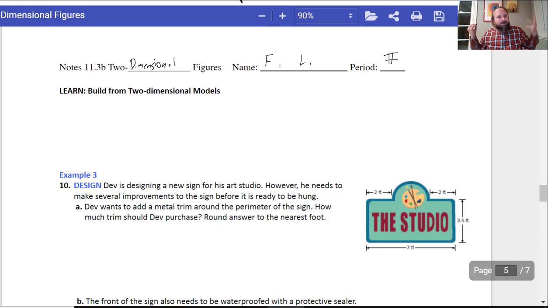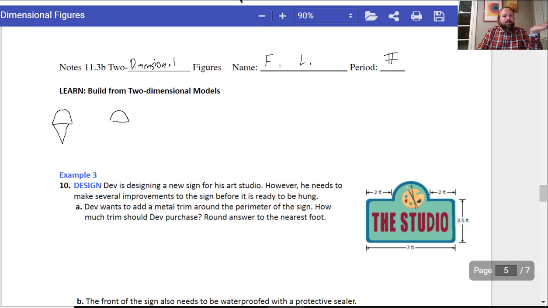So, hey, we're going to be dealing with shapes. For example, we might have a circle or even a semicircle on top of, say, a triangle. Hey, look, it's a cone, an ice cream cone. If we're going to analyze some shapes, we have to break it down to its parts.